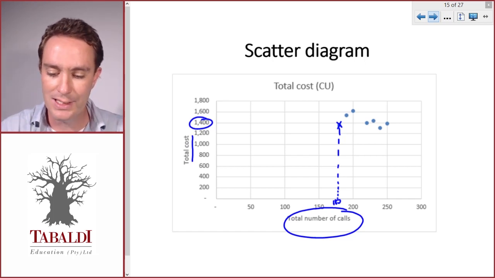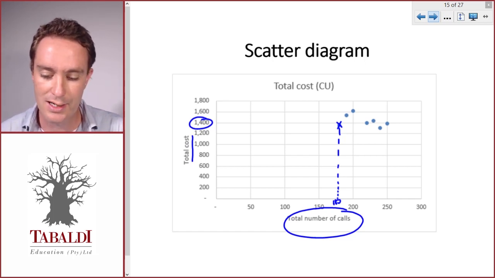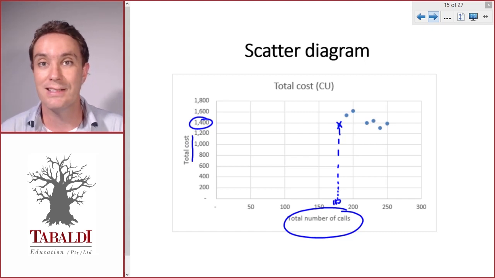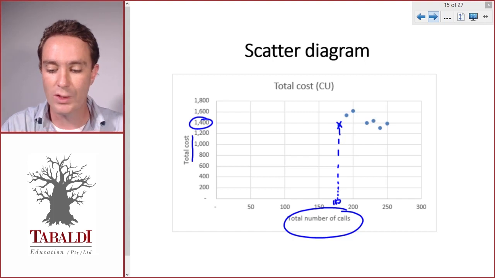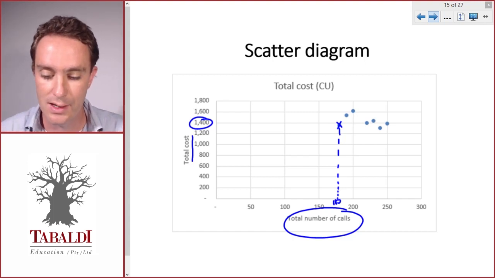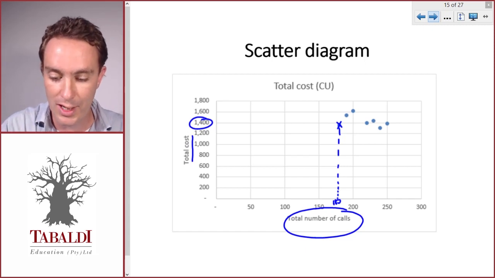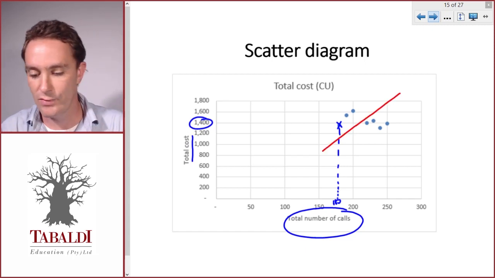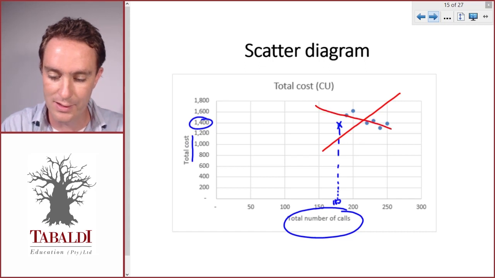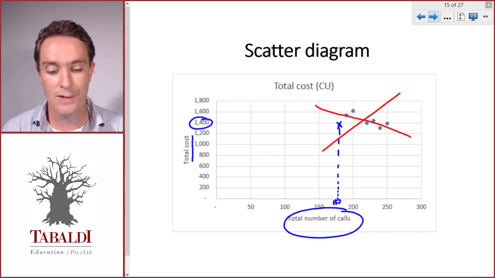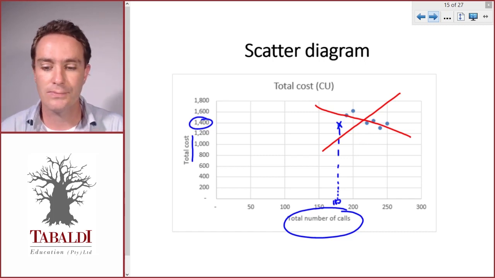Now, does it look like these dots, or the past observations, represent a straight line? If we had to draw a straight line through these plots, where would you draw it? Would it look like this? So that's sort of in the middle, or like this? It's very difficult to see the relationship between the total number of calls and the total cost.